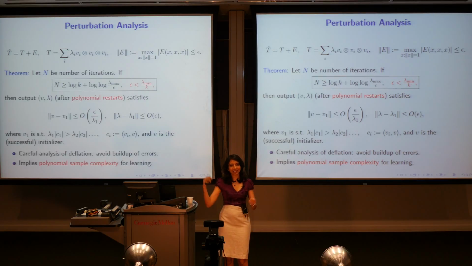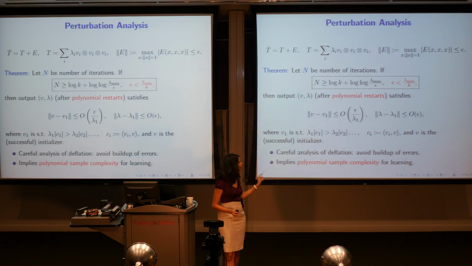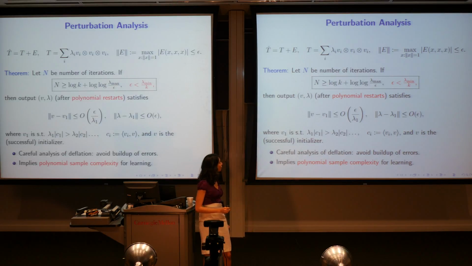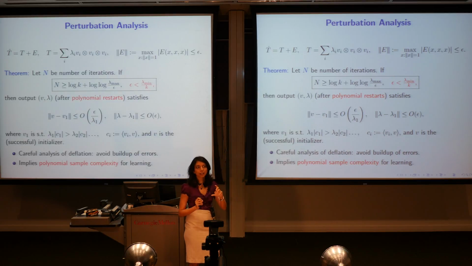So although in the noiseless case I had only good local optima, I could end up with all kinds of bad local optima. So the perturbation is much more tricky in the tensor case. We can give guarantees, but they're much more restrictive. The amount of noise we can handle is much less than what we could in the matrix case.